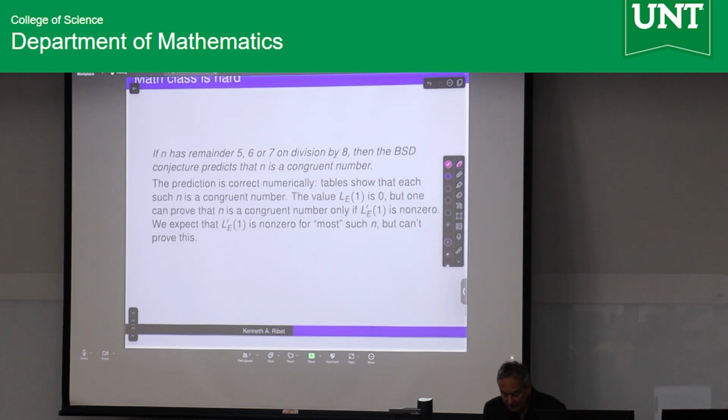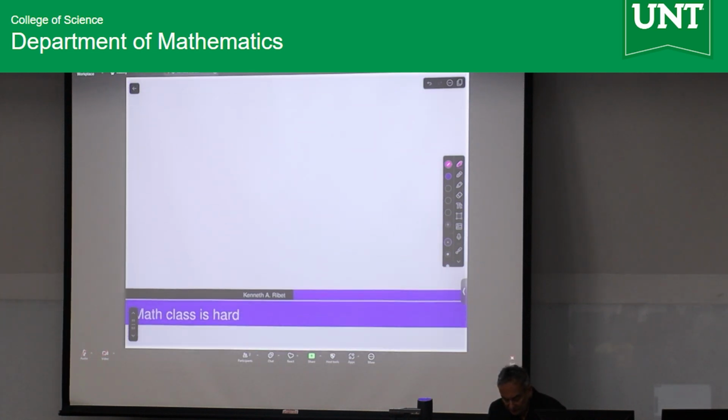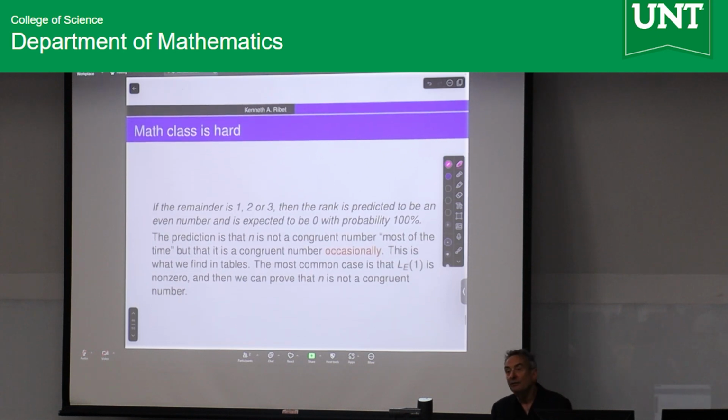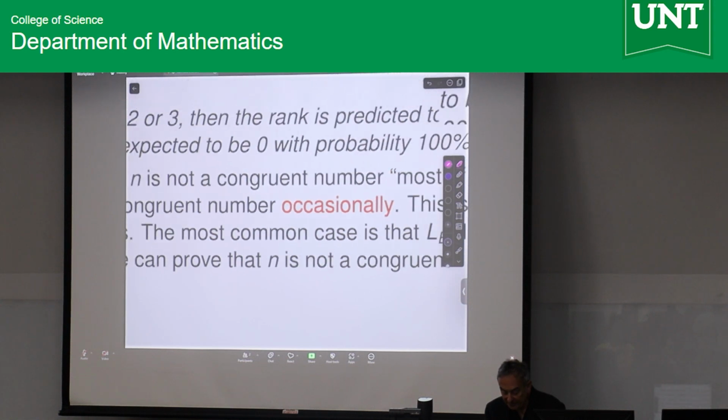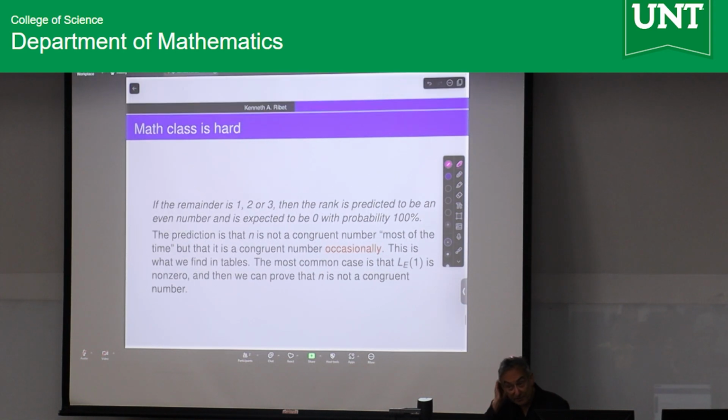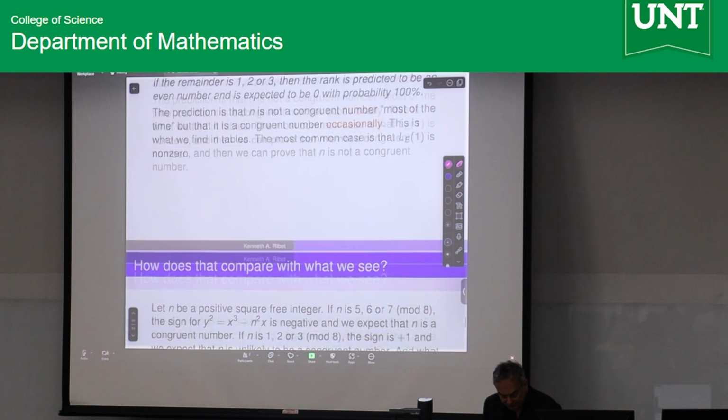And so we expect that when n is 5, 6, or 7 mod 8, the rank should be positive, but there's no proof that it's positive. And when the remainder is 1, 2, or 3, then, so to speak, with probability 1, the number will not be in the table, but it might be in the table occasionally, and that's the red that you see with 34 and 41.